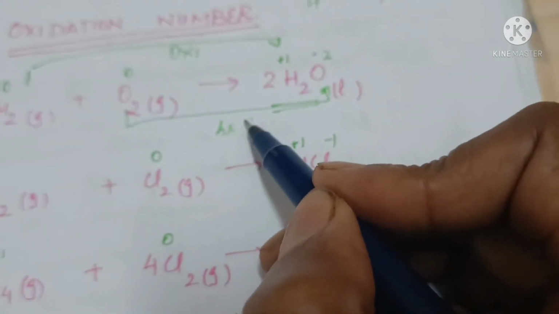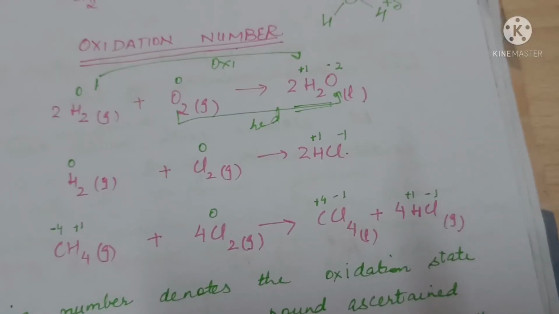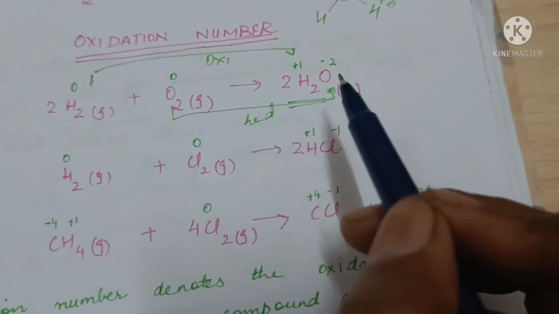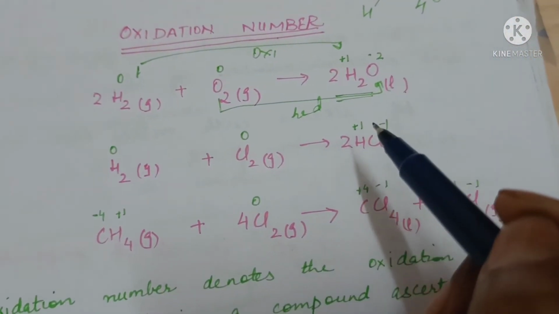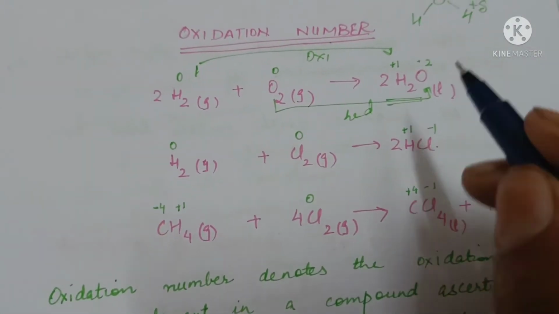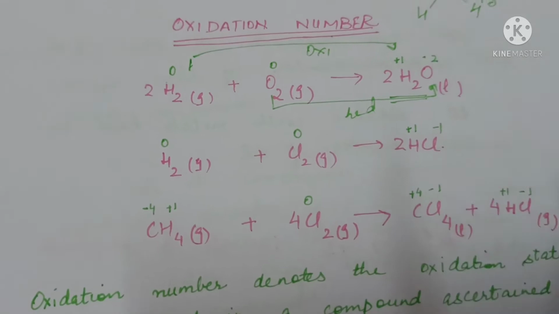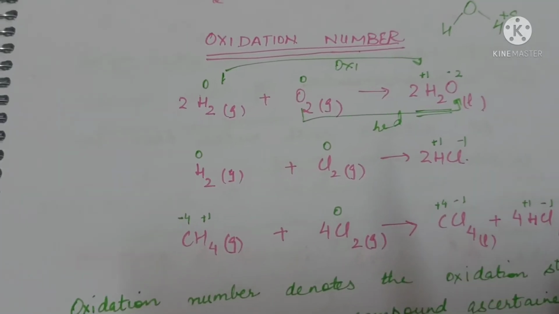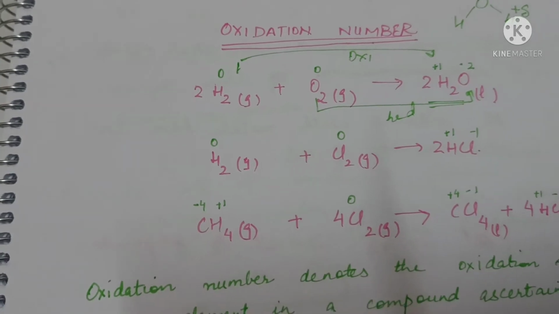This is reduction. Although we are showing here that there is a gain of electrons, we know that in covalent compounds this is only partial transfer. There is only electron shift, and these assumptions are only for bookkeeping purposes. In reality, the transfer of charge is only partial.